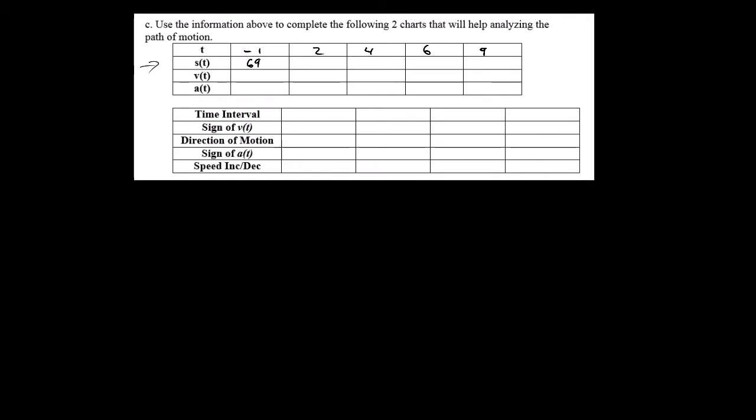Oh, that's the wrong one. Silly calculators. We're going to get 12. So negative 1, 2, 4, 6, 9, and I forgot what negative 1 was, so we'll have to just do that all over again. Isn't that wonderful?